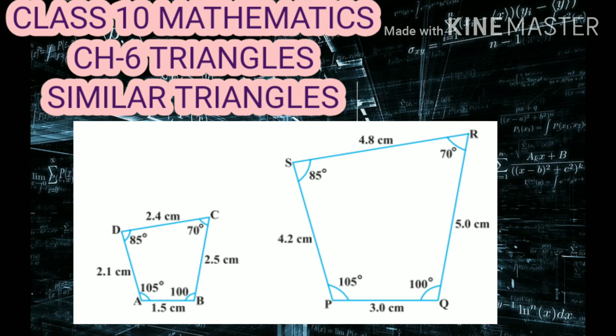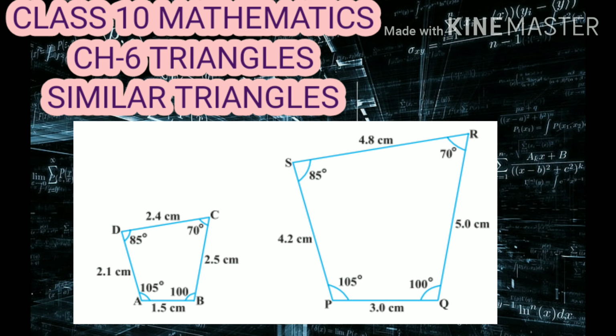Similarly, the ratio of side CD and side SR also comes 1/2. If you divide 2.4 by 4.8, the ratio comes 1/2. Similarly, if you find the ratio of side AD and side PS, which are 2.1 and 4.2 centimeters respectively, it again comes 1/2.